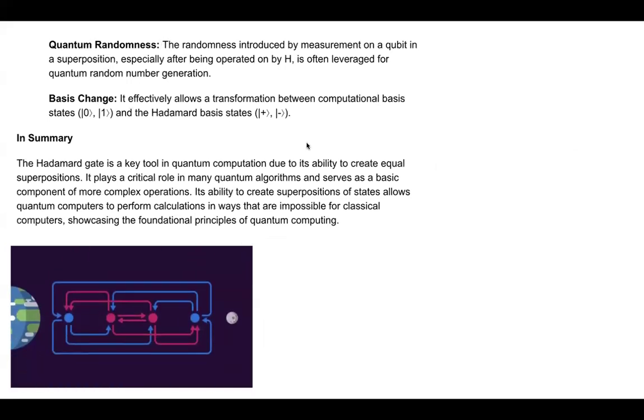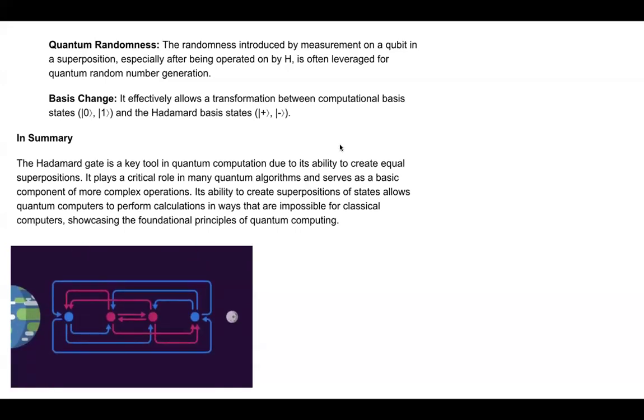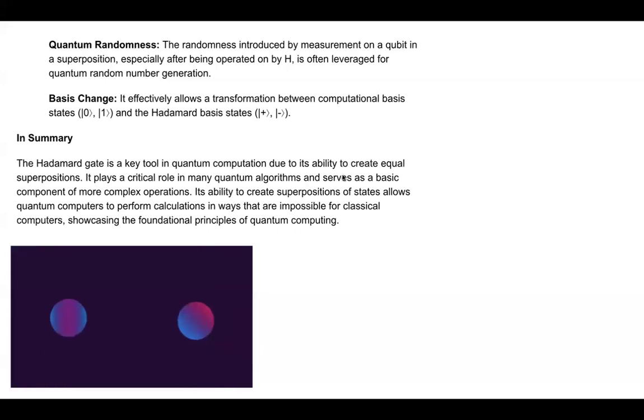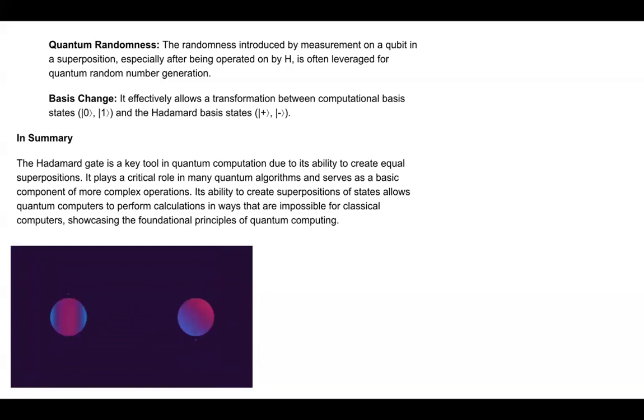Randomness, basis changes. So, in summary, what is a Hadamard gate? It's a key tool in quantum computation due to its ability to create equal superpositions. It plays a critical role in many quantum algorithms and serves as the basic component of more complex operations.